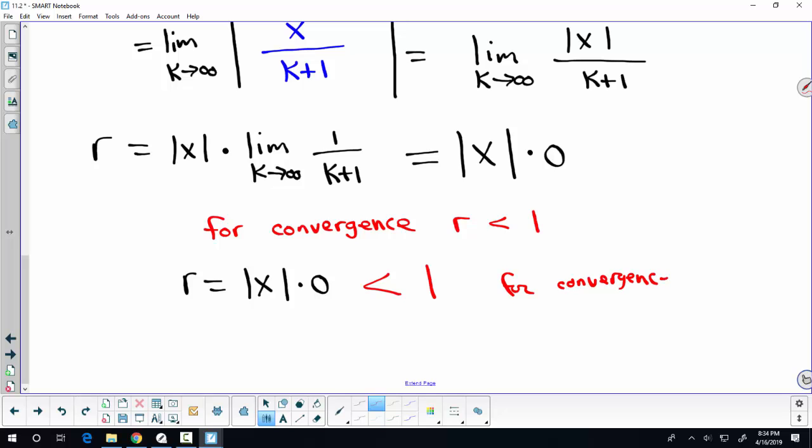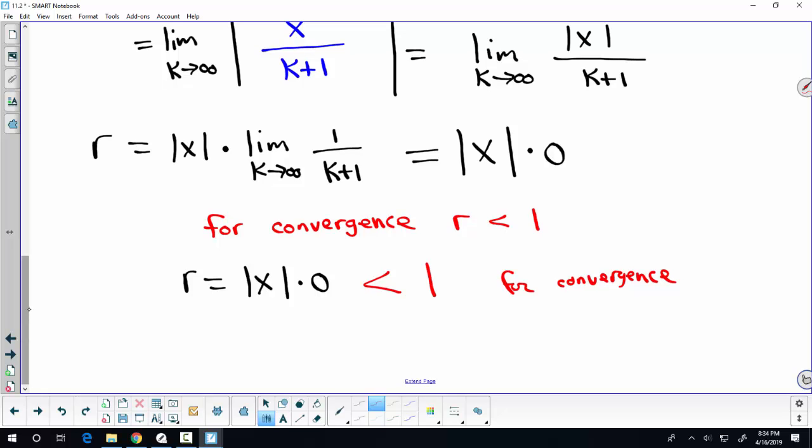Well, it could be any number then, right? x could be any number. Right, yeah. So we see that our ratio here is always less than 1. No matter what x is, our ratio for this series is always less than 1. So any value of x you plug into that series will result in a convergent series.